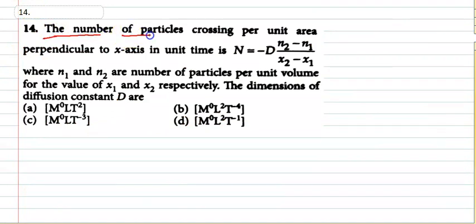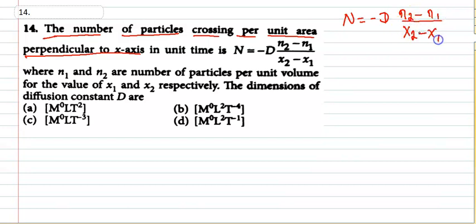The number of particles crossing per unit area perpendicular to the x-axis in unit time is n equal to minus D times n2 minus n1 divided by x2 minus x1.